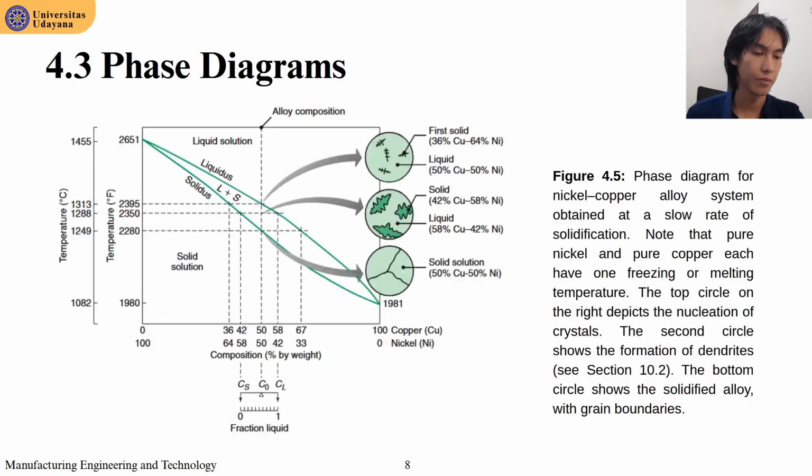Next is Cu-Ni phase diagram. The copper-nickel system shows complete solid solubility over the composition range and typical dendritic solidification. You can see on Figure 4.5.